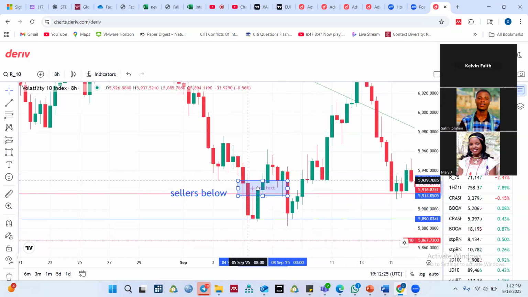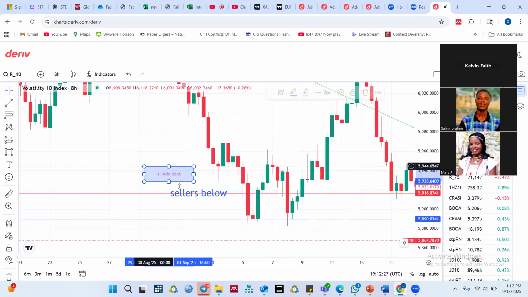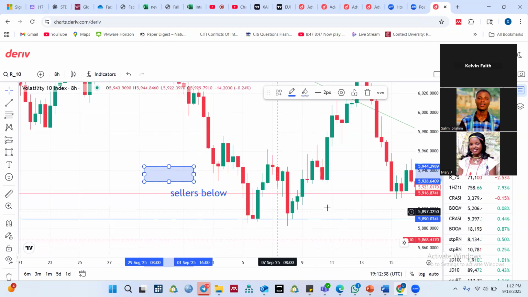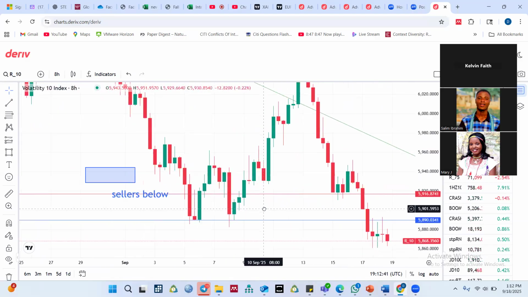This thing that happened here is telling us that this red line is like a magnet or a magic price or area that anytime price is below it is very likely to drop, and anytime price is above it is likely to buy. So you have to put that in your mind. Okay, and that's why that is a good area for you to frame your setups.